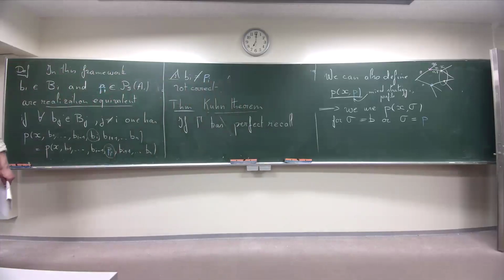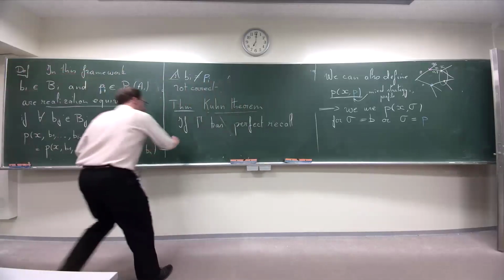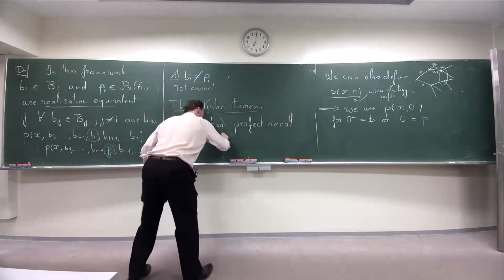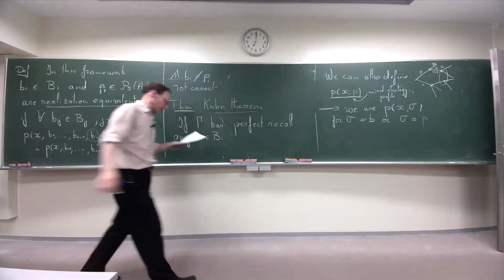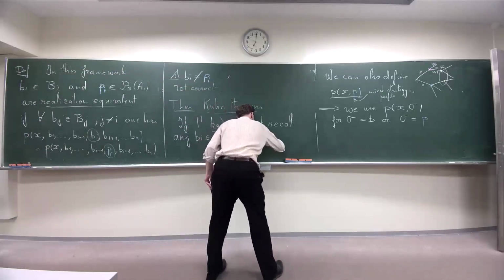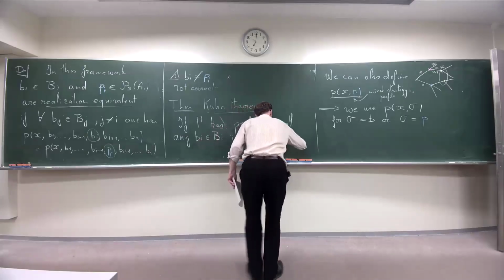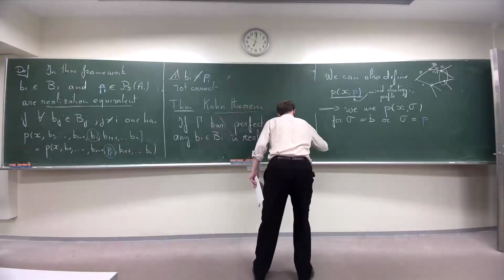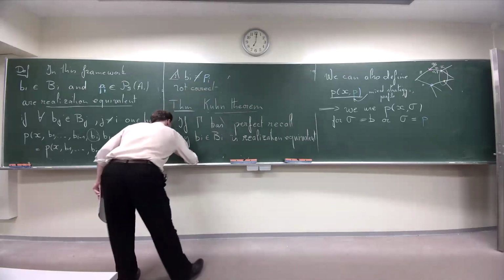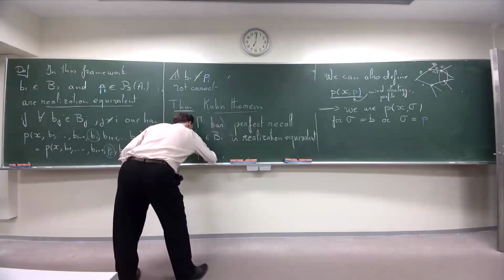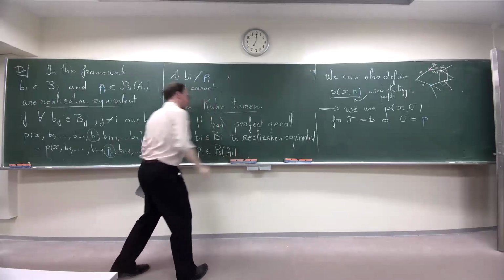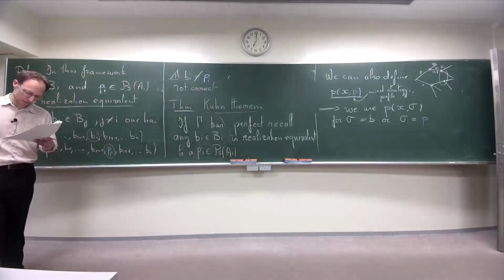If gamma has perfect recall, any BI in the behavior strategies is realization equivalent to PI, which is in mixed strategies, and vice versa.